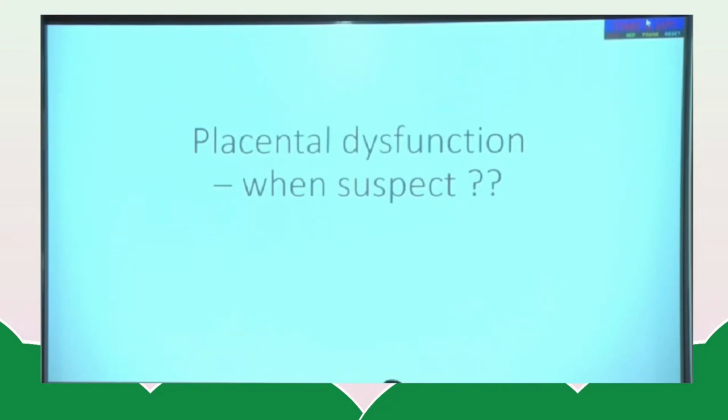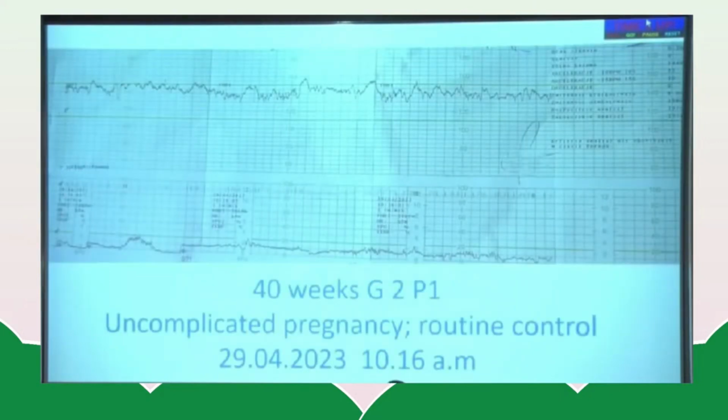And now I present the final case. I don't know exactly how to explain it and how to support our management, but it was quite interesting. It's just a case. The patient came to us in the admission room, and she had a quite normal CTG without any disturbance, no other clinical symptoms, no history, no abnormal course of the pregnancy.